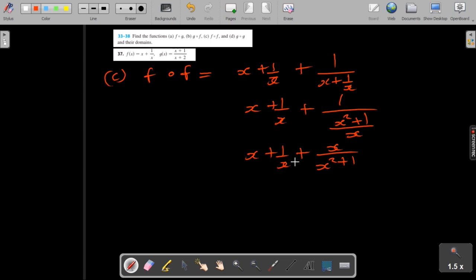So at this point, we can now find the common denominator of everything, which would be x squared plus 1. And with the first one, that would give us x multiplied by x, then multiplied by x squared plus 1. With the second case, this part, it'll give us x squared plus 1.